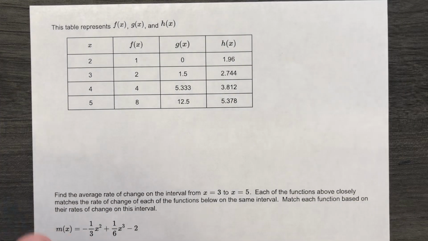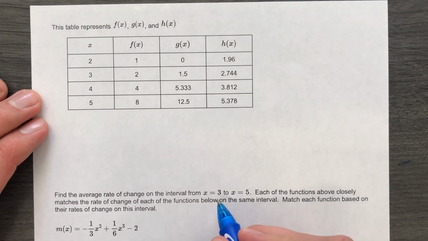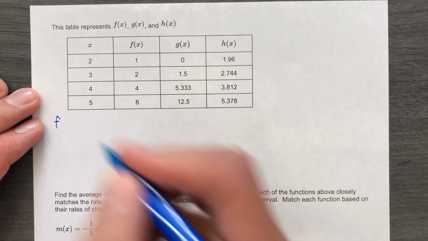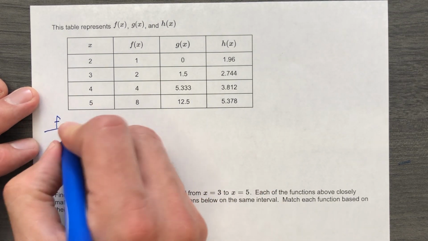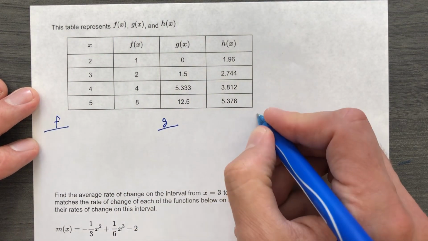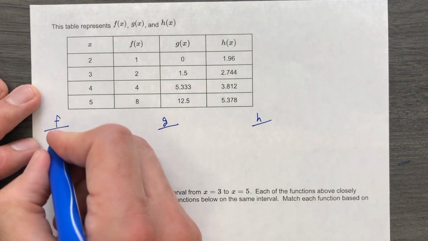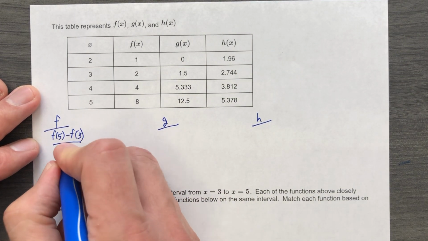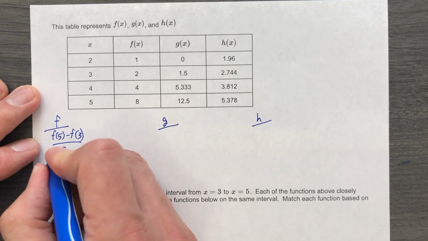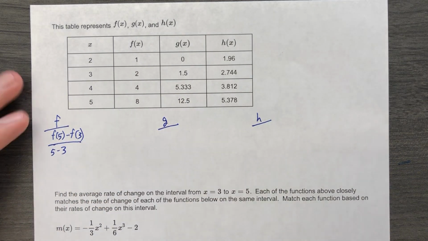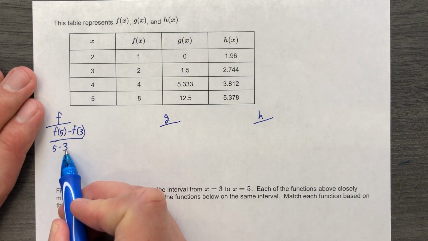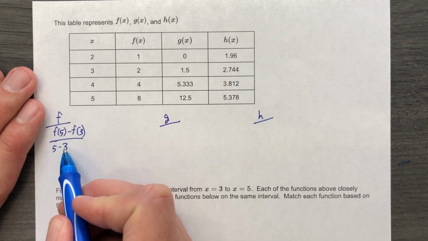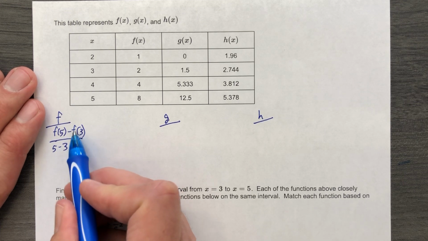So let's go. I want to find the rate of change from 3 to 5, which really means for the f function, g, and h. For f, I want to do f of 5 minus f of 3 over 5 minus 3. This is y1, and this is the x1, and this is the y value associated with that.